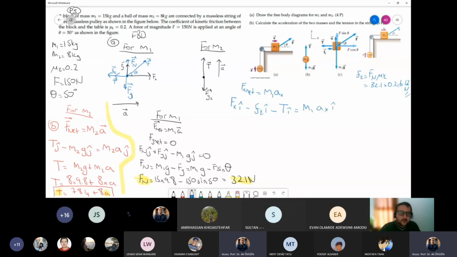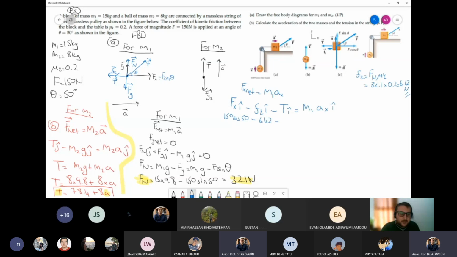Fx is F times cosine theta. So what is this? F is 150 cosine 50 minus Fk is 6.42 minus, what is the T?